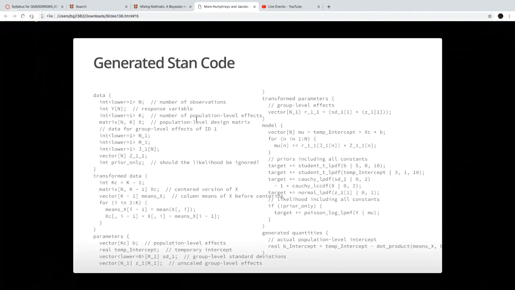We won't have time to go through this, but I just wanted to call your attention to this: if you call make_stancode with that example, it spits out a character vector string, looks like this, which is literally the code that brms is then translating to C++ and compiling if you were to call brm on that. But maybe you say, okay, I want to do something that brms can't do.